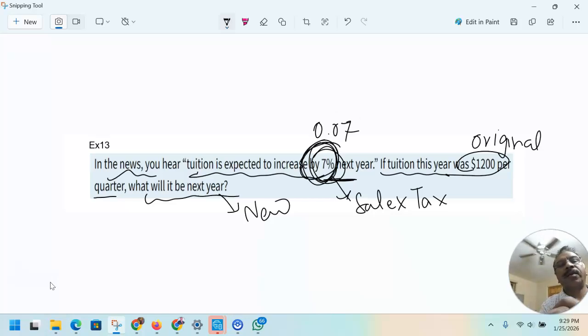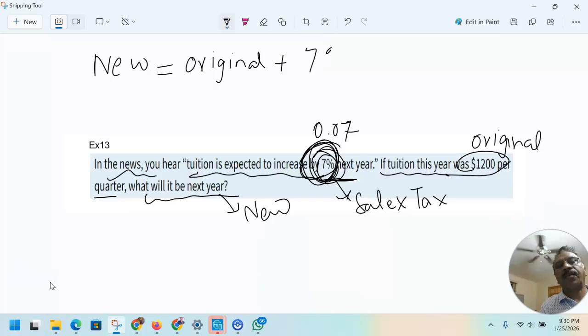So there are two ways you can do it. One is that the new equals the original fee plus 7% of the original. That means you are paying not only the original fee. So how much is adding up? It is 7%.